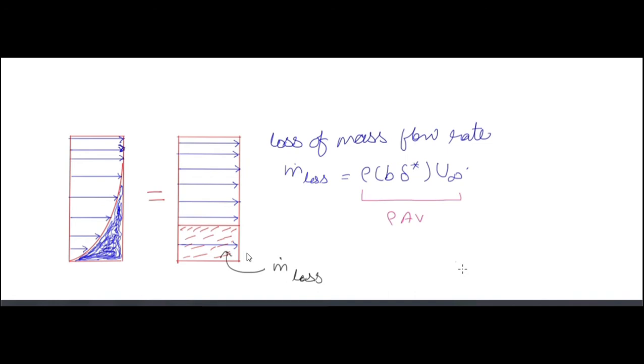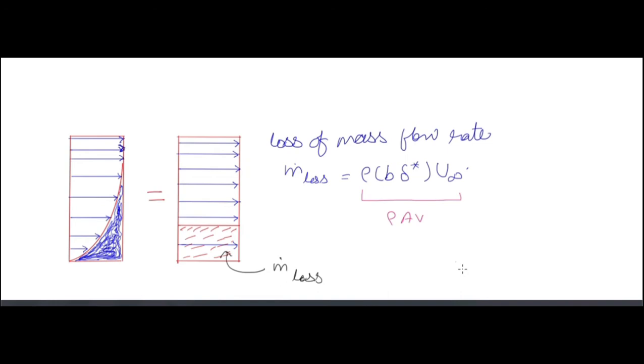This is nothing but rho A V, the mass flow rate. The area has b, the breadth of the plate, which is into the plane of the figure since it is showing the side view.